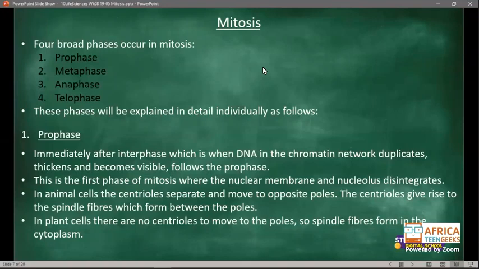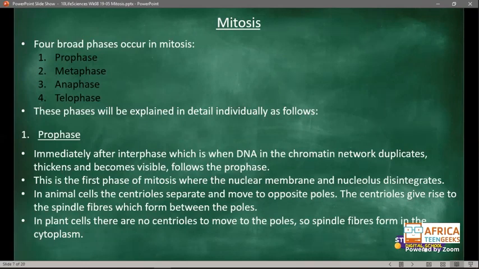Remember we talked about centrioles when we were doing the organelles of the animal cells? So in animal cells, the centrioles separate and move towards the opposite poles, and these centrioles give rise to spindle fibers which form between the poles.